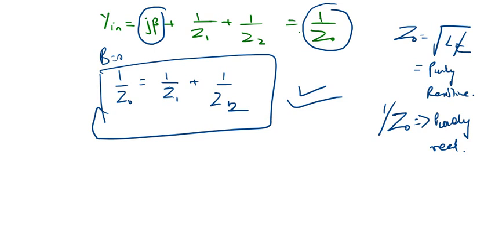Okay, so this is the condition. All of you please remember this condition. If you have any question, you can ask. Now we are going to see the resistive divider.